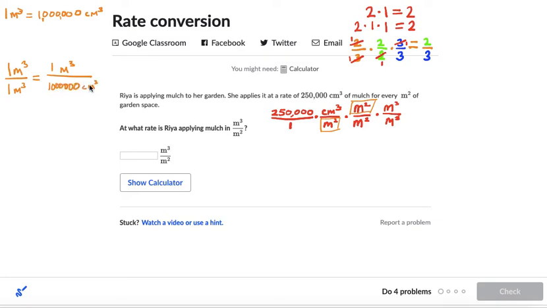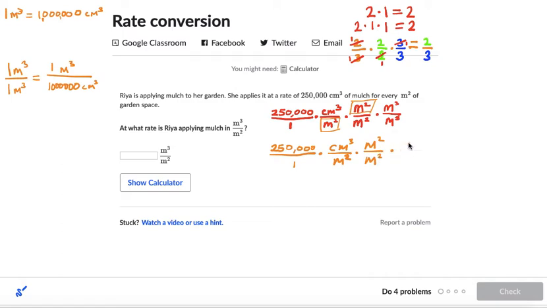Okay, so we're going to go down the next line and rewrite all of this just for tidiness sake. Tidiness is a very good idea when you're dealing with these. The tidier you are, the easier this will all work out for you. So we have our meters squared right there.